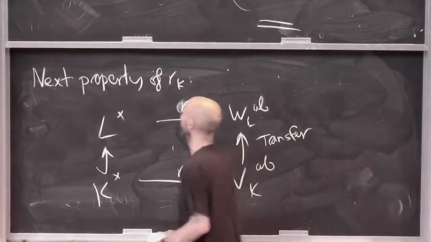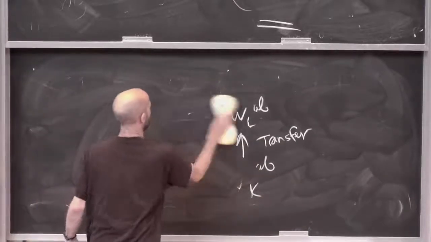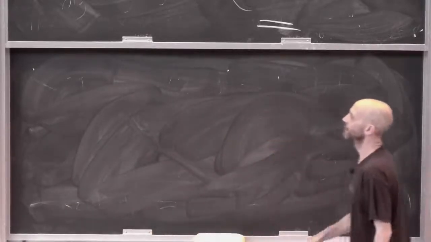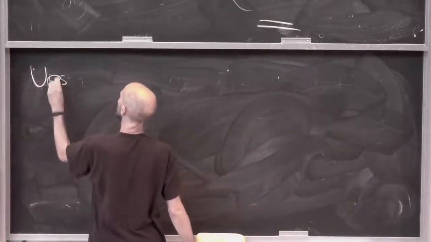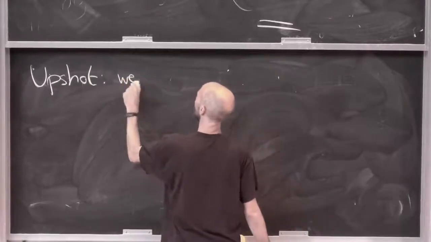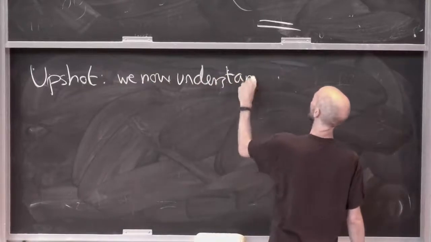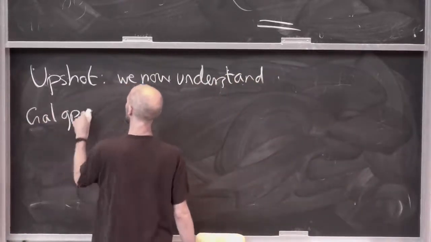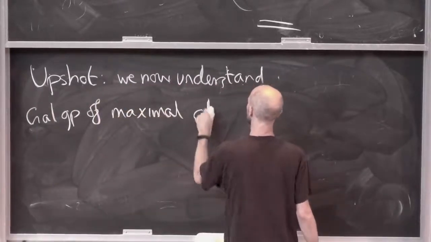I should probably say that, as an upshot, we now understand the Galois group of the maximal abelian extension of K.